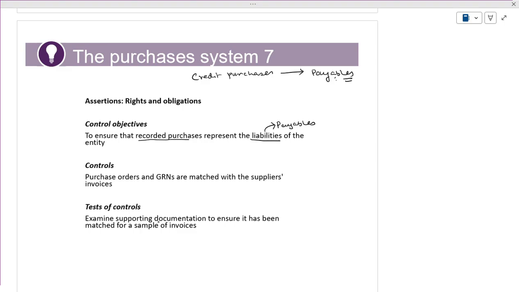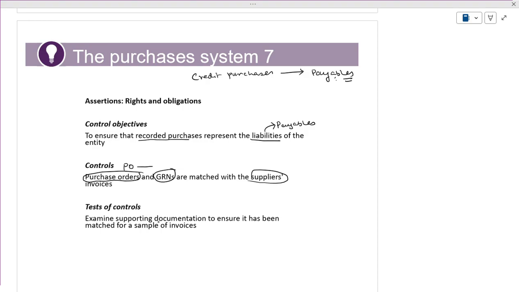What is the control? The purchase order will match with the GRN, and the GRN will be matched with the supplier's invoice. Now you see, documentation makes the difference.